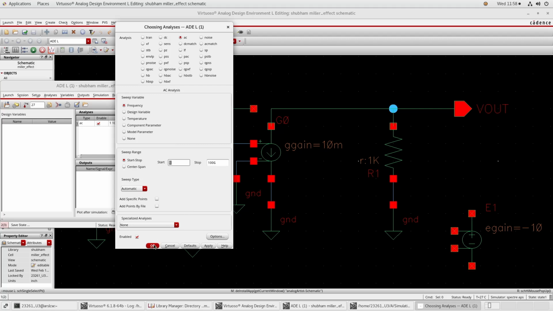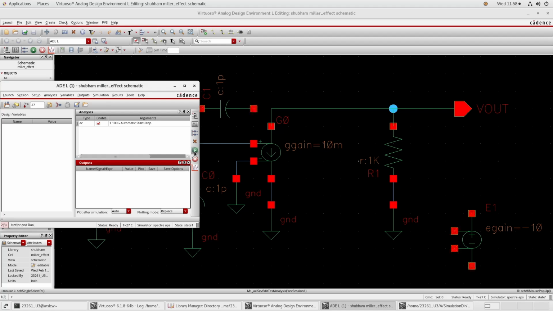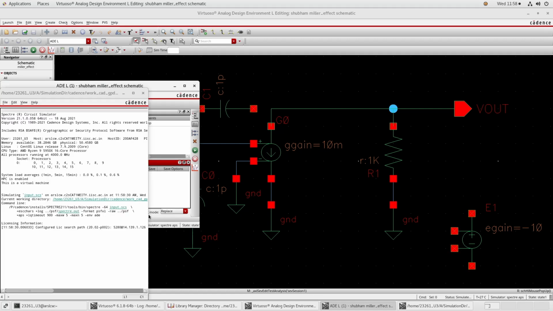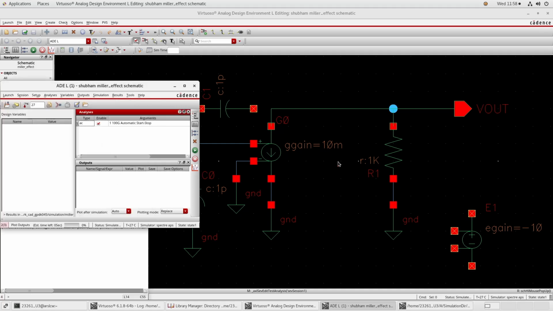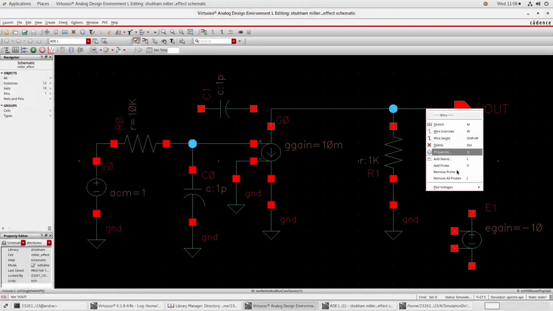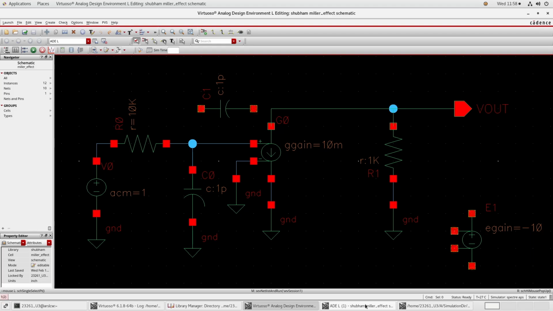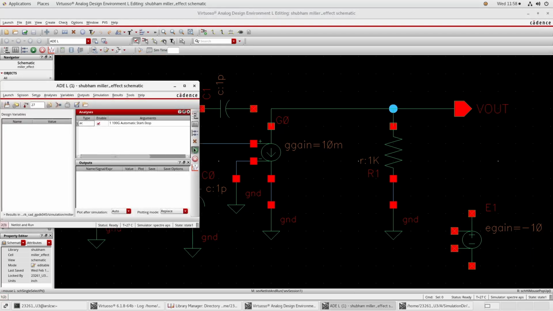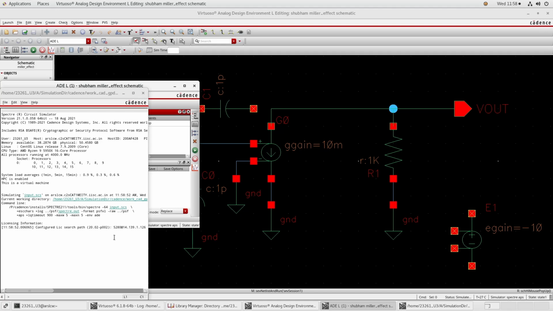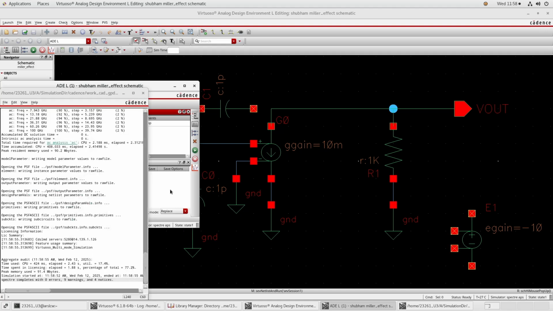Now click OK and then run the simulation. I think it's simulated. Let me plot the output voltage. Plot output. It's not simulated. Now it's completed.